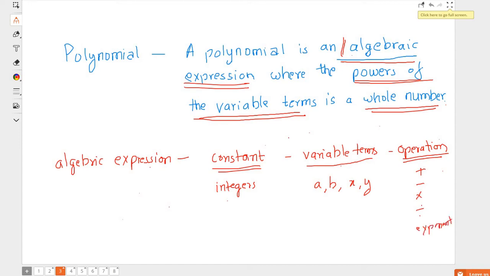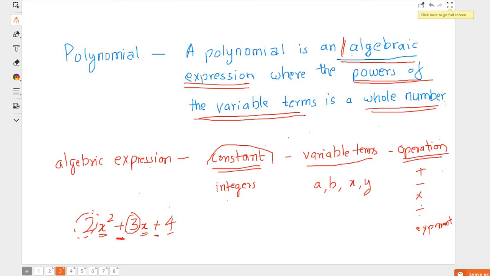When we consider 2x square plus 3x plus 4, the coefficients are the constants, x is the variable term, and the operation that we have used is addition.